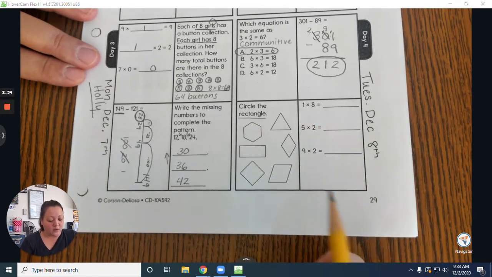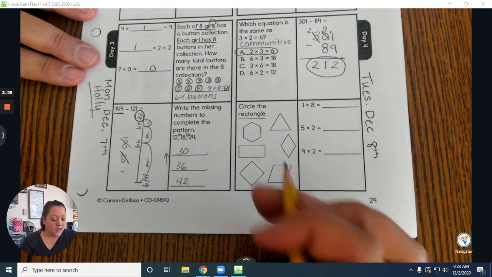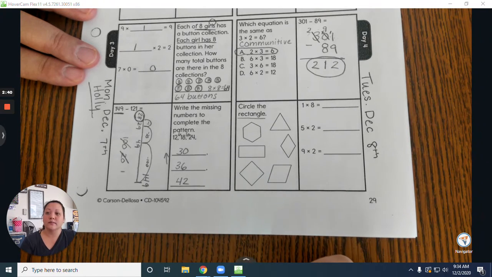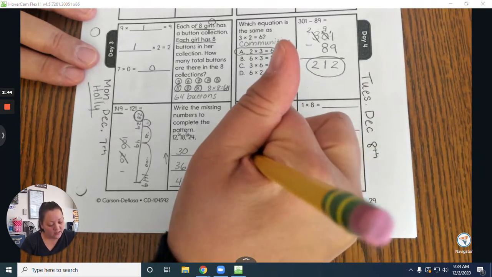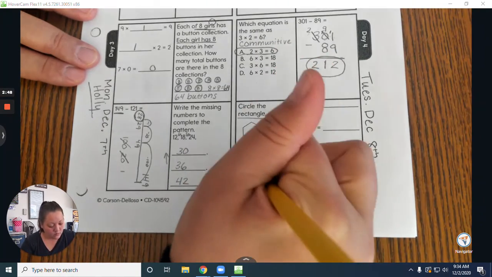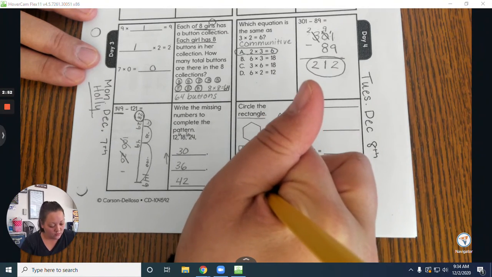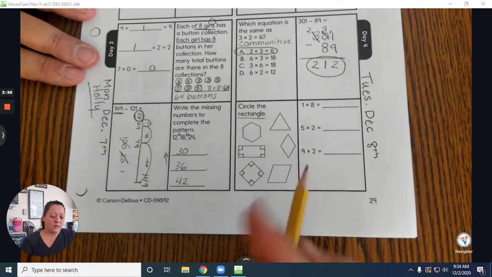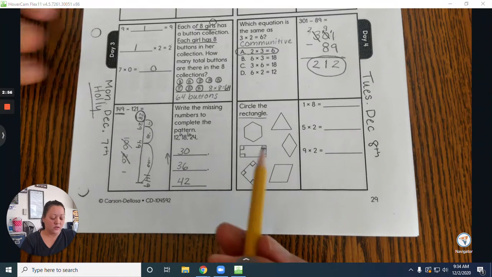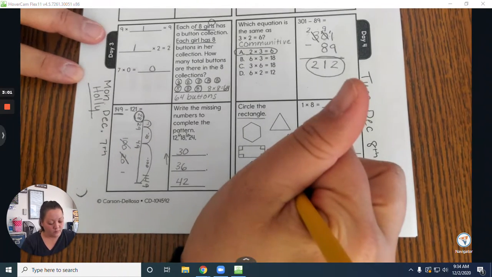Circle the rectangle. So a rectangle has 4 equal sides, yes, and they have 90-degree angles. Okay, so these all have 90-degree angles. But what makes a rectangle is they don't have 4 equal sides, sorry. They have 2 sides that are the same.